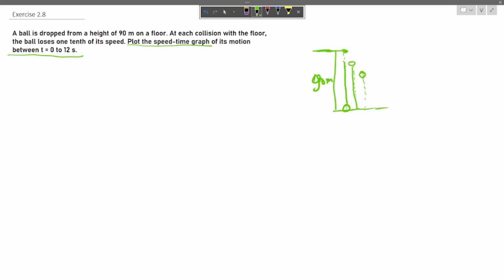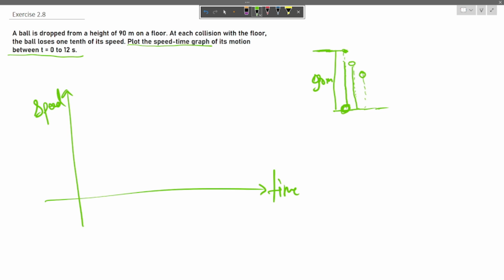Now in a speed-time plot, what we need to know is the speed it reaches when it goes to the ground, and the time that it takes for reaching the ground.